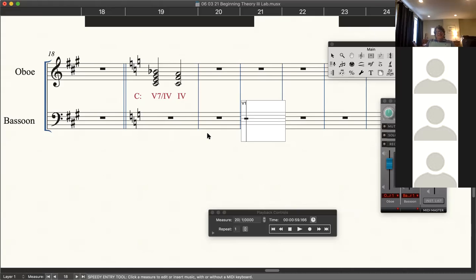So the cadence of measure seven is a D major chord. So is he modulating to D major? Well, if he is, we would expect to have two sharps then. D major has two sharps, an F sharp and a C sharp. Are we seeing F sharps and C sharps?